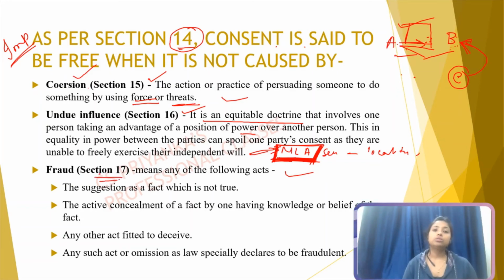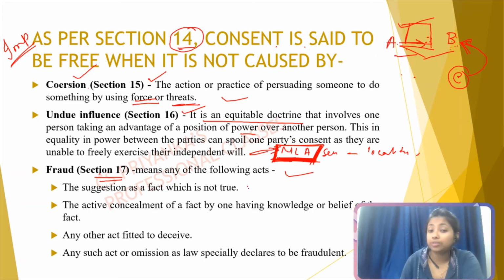If your consent is caused by fraud, we cannot say your consent is free. When can we say your consent is not free? For example, whatever fact you are telling is not true, it's a false fact you are simply telling. While telling something, you are simply concealing some fact. Concealing means hiding.